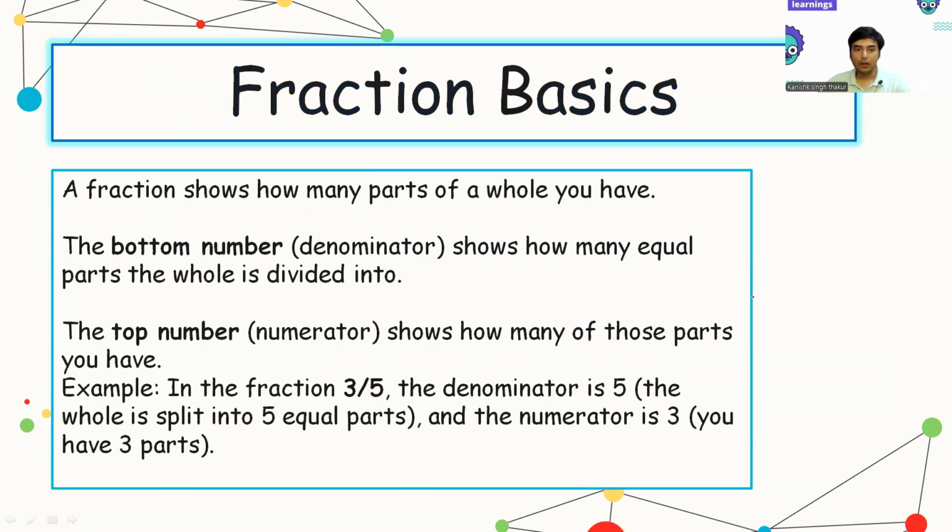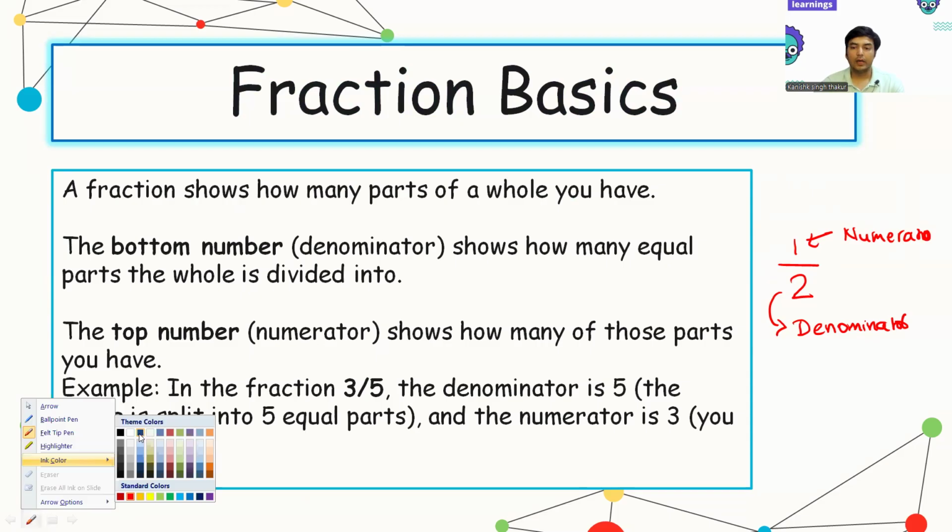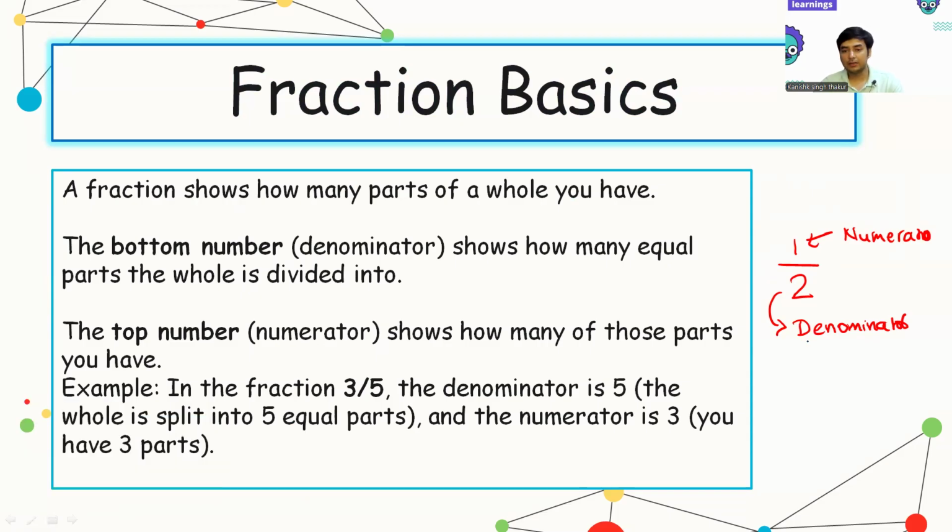Now, I'm telling you a basic thing about fractions. Suppose I have 1 half. The bottom number is the denominator, and the top number is the numerator, right? The denominator represents the total number of parts in your whole.